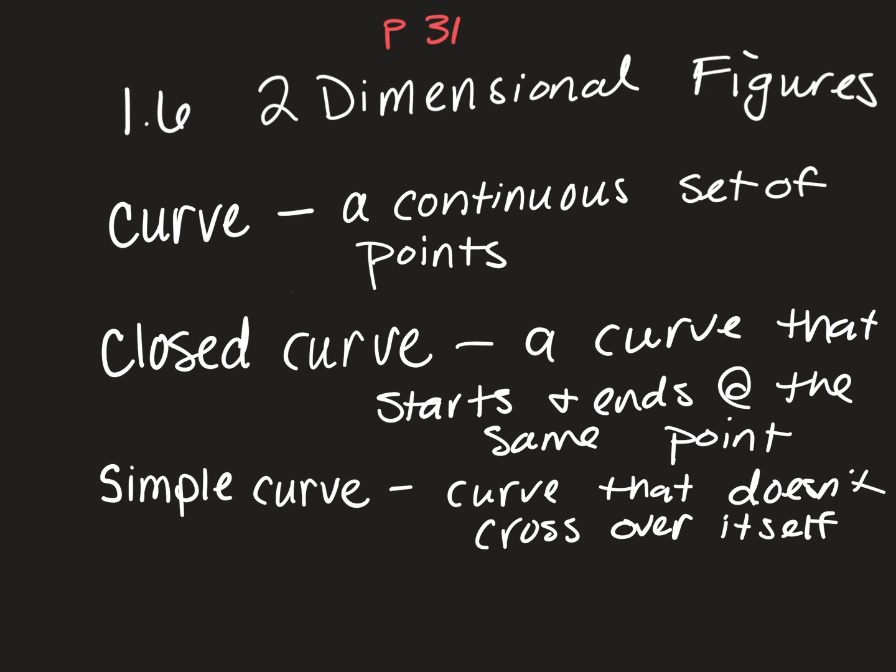So a simple curve would be something like this, or like this, even like this. But it's not a simple curve if it crosses back over itself. That makes this not a simple curve. But there it's a simple curve, okay? It just can't cross back over itself.